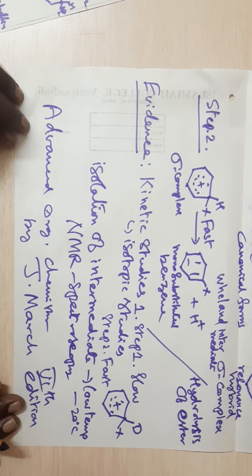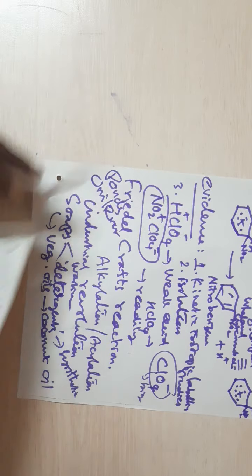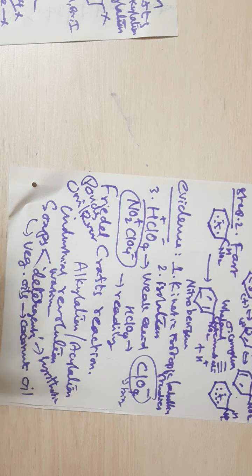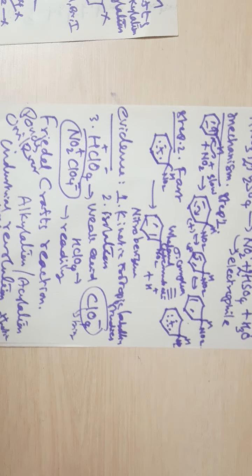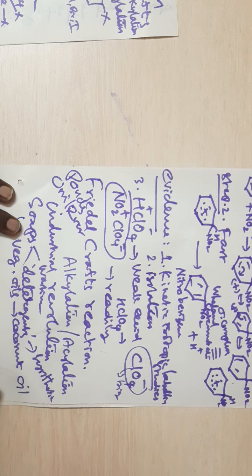You can purchase it online also. So in the next class, we shall see the Friedel-Crafts alkylation and acylation reaction. You can also read about it on the internet, and you can verify whether there is a discussion about the history that I have discussed with you.